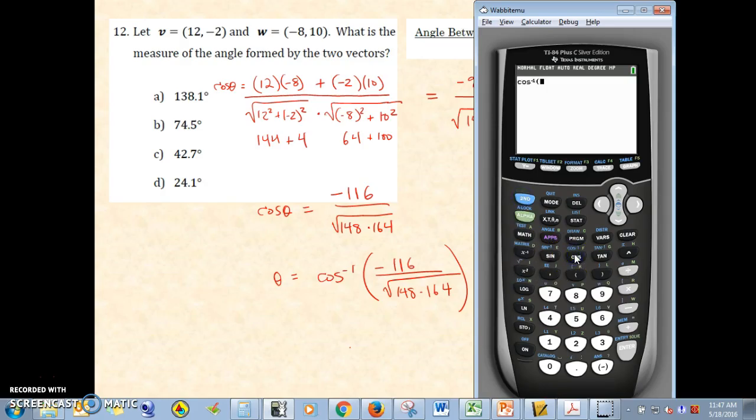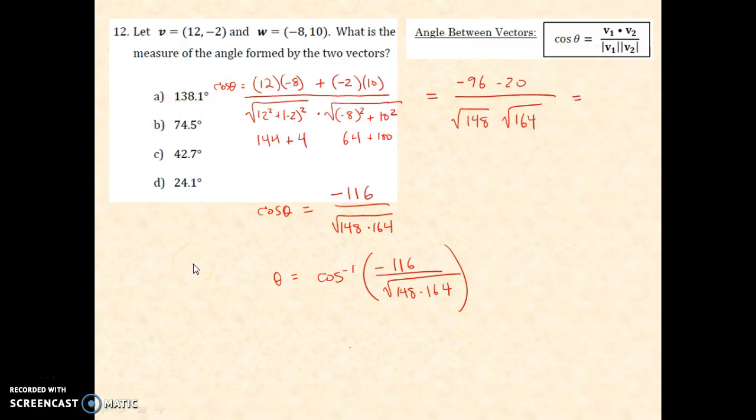Inverse cosine of negative 116 divided by square root of 148 times 164. 138.1. We're in degree mode, so boom. 138.1.